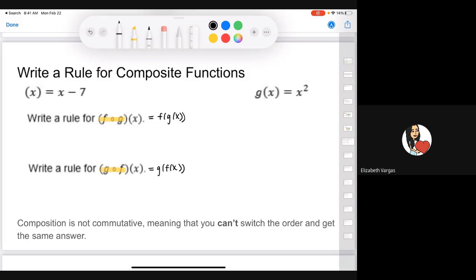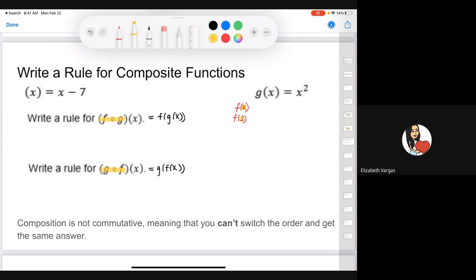Okay, but I'm going to show you exactly what it even means to be a composite. So we saw before that when we have an F and we have an X, that means to insert X into F. Same thing as if we have F(2).